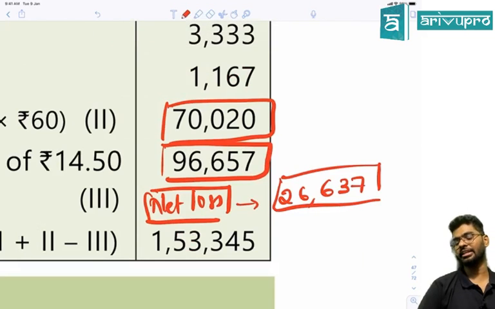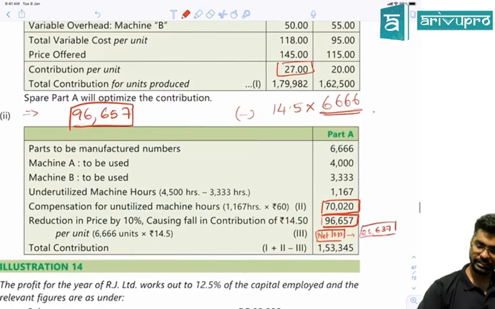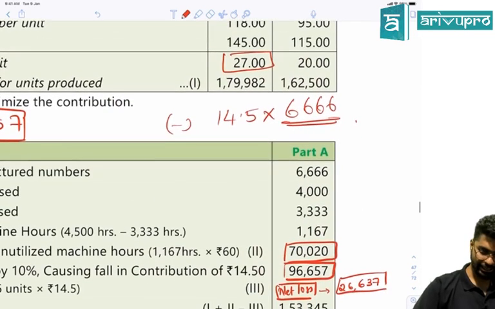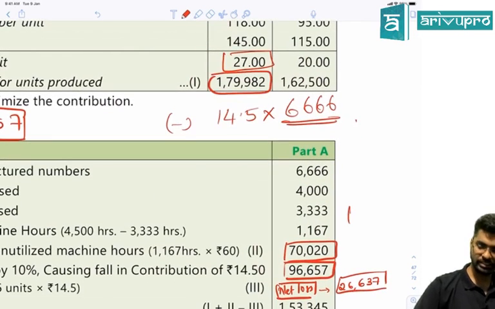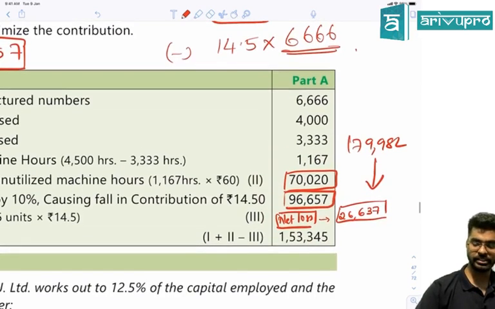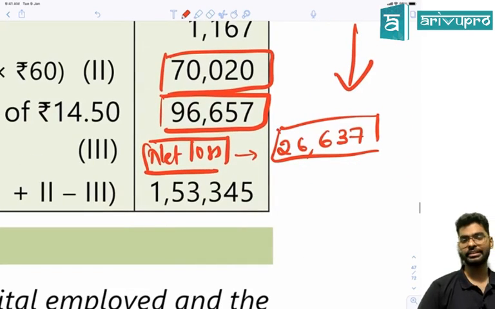Guys, does anyone have any problem? No? So I was making a contribution of, see here, 7,179,982. From this, because of the reduction in the selling price, I am losing out 26,637. So I'll end up getting 153,345. Are you clear?